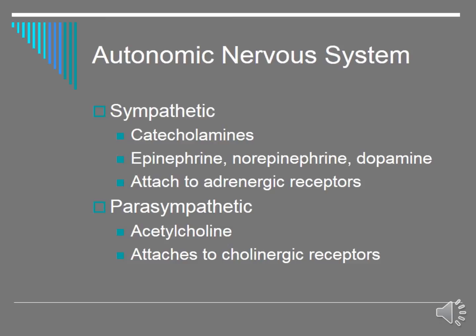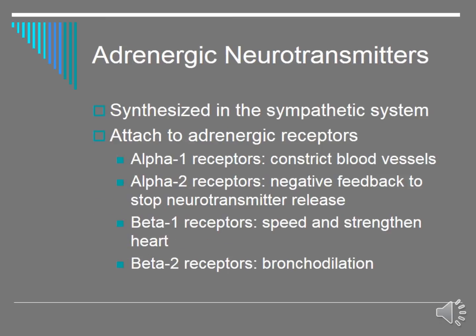It is only going to attach to cells that have cholinergic receptors on it. Again, adrenergic neurotransmitters are specifically those released from the sympathetic nervous system, main ones being epinephrine, norepinephrine, and dopamine. They are only going to attach to cells that have adrenergic receptors. There are 4 different types, alpha 1 and 2 and beta 1 and 2 receptors.